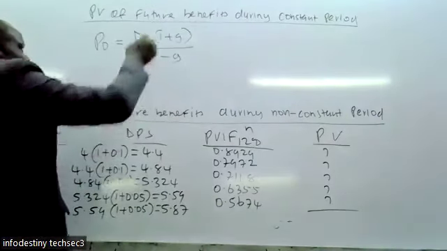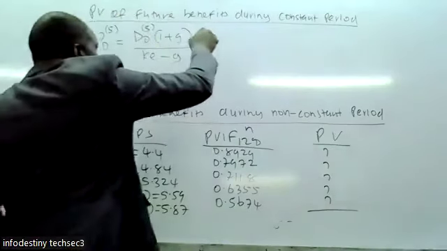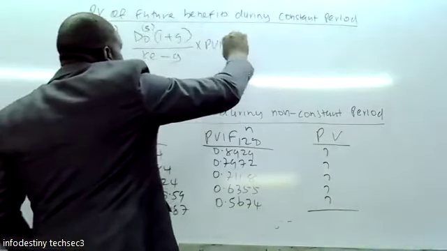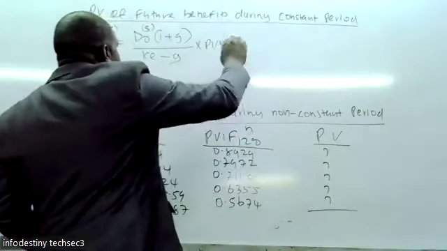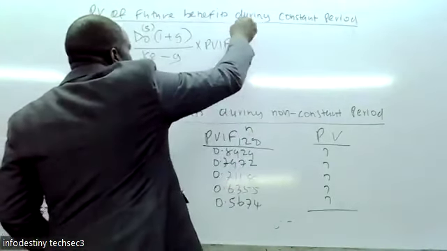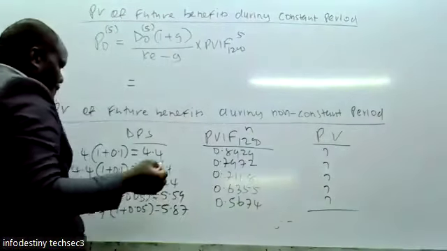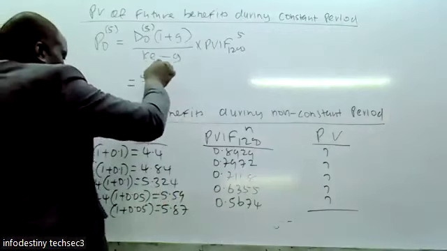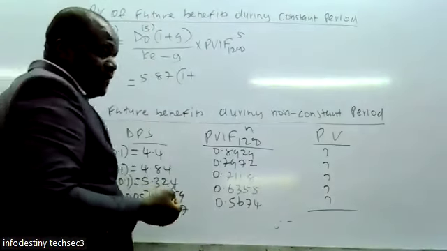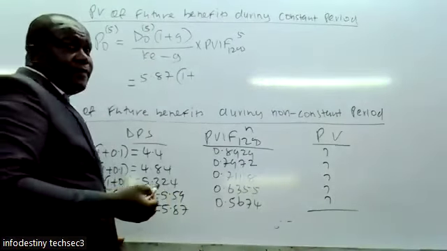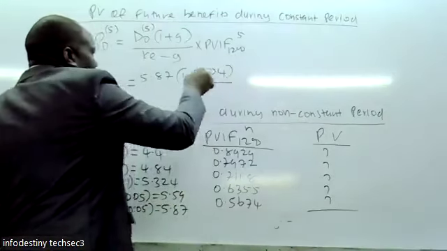Our D0 here is 5.86. Thereafter it is growing at what rate? 4%, the same as 0.04.